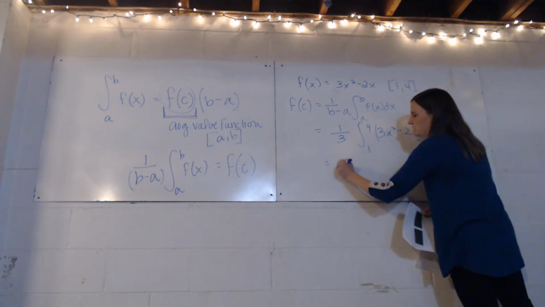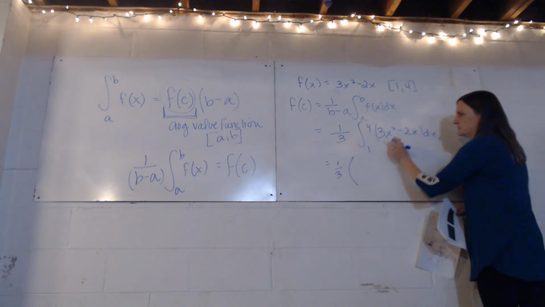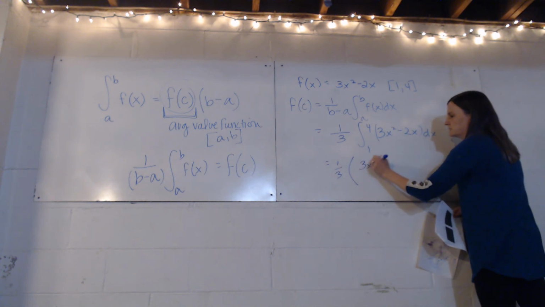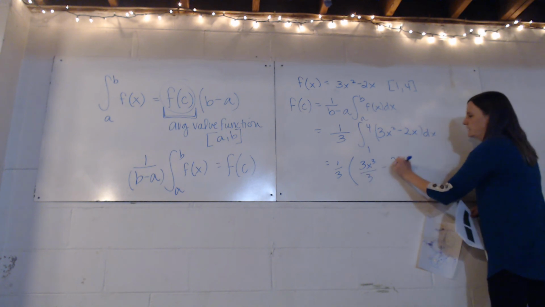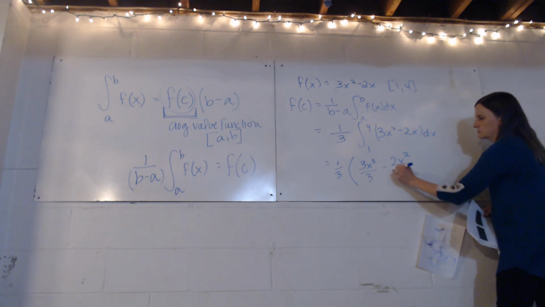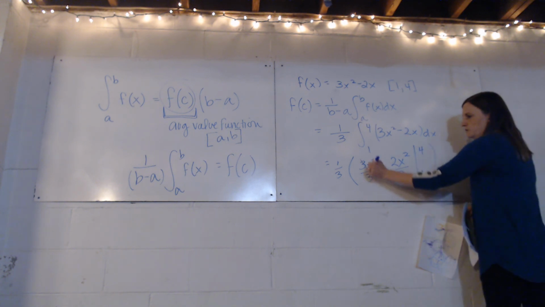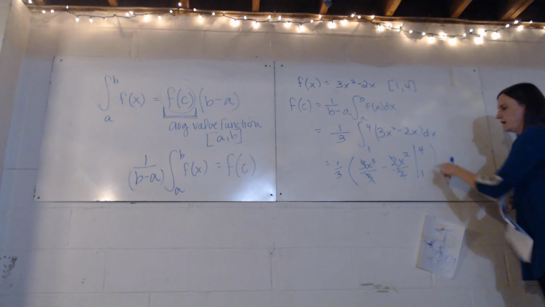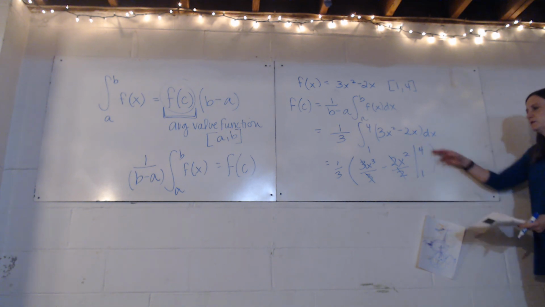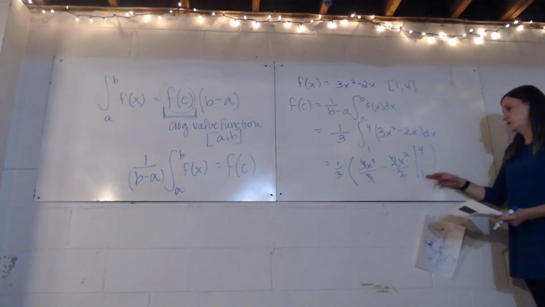So this becomes 1/3 times 3x cubed over 3 minus 2x squared over 2, and I need to evaluate it from 1 to 4. The 3's cancel, the 2's cancel. I plug in my different values. So I'm going to plug in a 4, then I subtract when I plug in a 1.